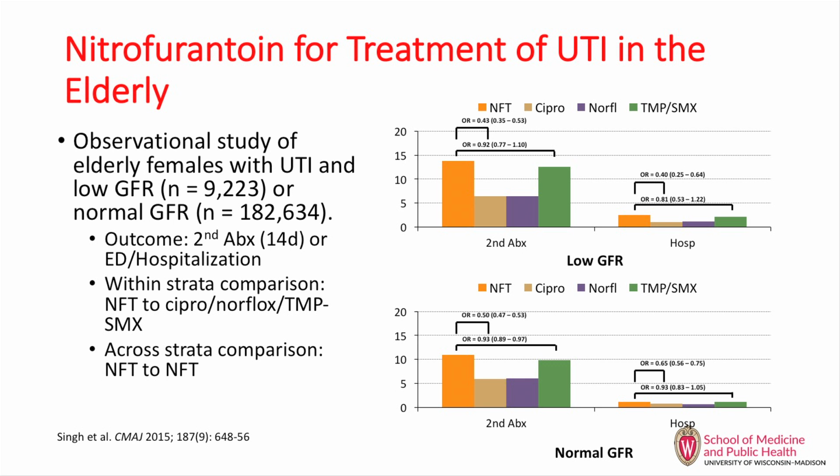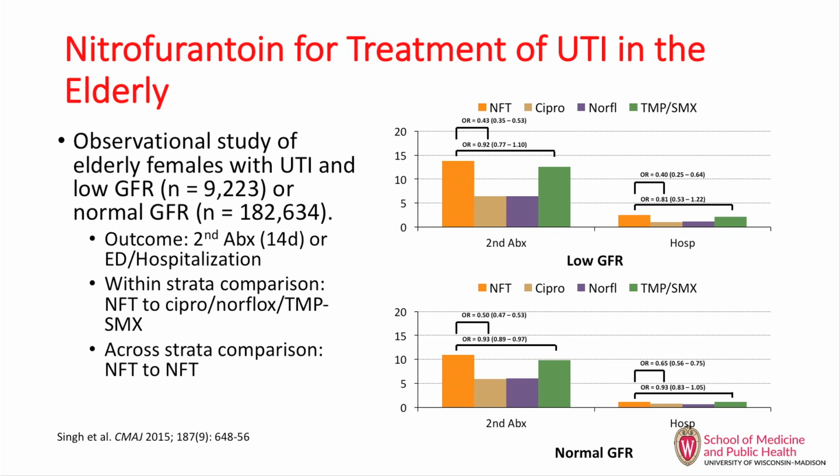So this is a study that showed no difference in outcomes based on renal dysfunction. Now, what you'll notice from this study is nitrofurantoin, when you compare it to Bactrim or fluoroquinolone, still is associated with a higher rate of clinical relapse. But there wasn't a higher rate of septicemia or severe adverse outcomes.